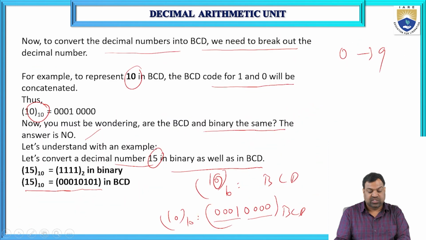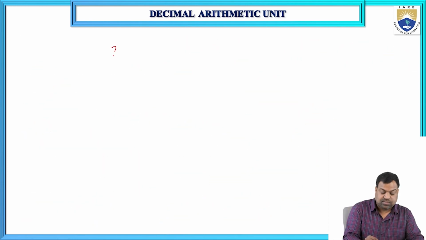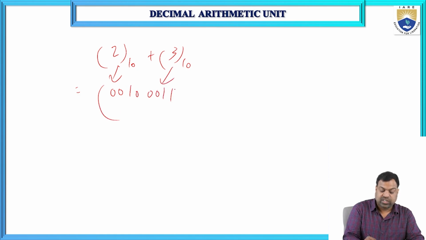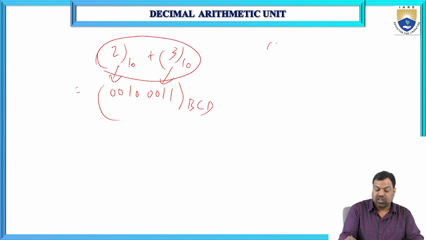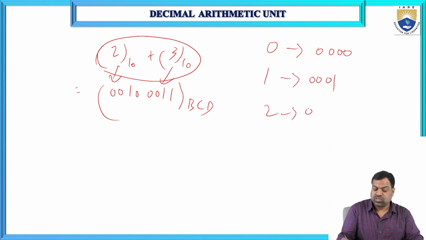So here we discussed: 2 means 0010 and 3 means 0011. So it is a BCD value. How are we getting these values? Already we discussed 0 means 0 0 0 0, 1 means 0 0 0 1, 2 means 0 0 1 0, and so on. 9 means 1 0 0 1.